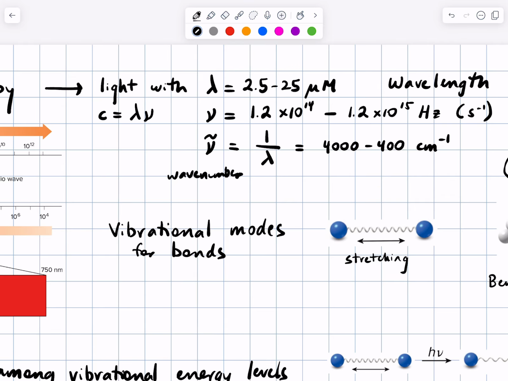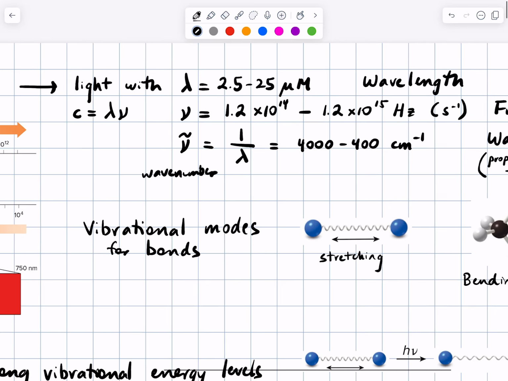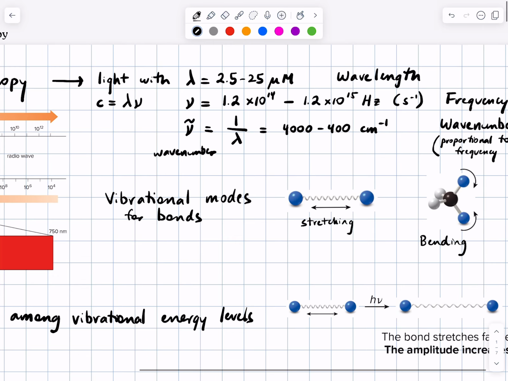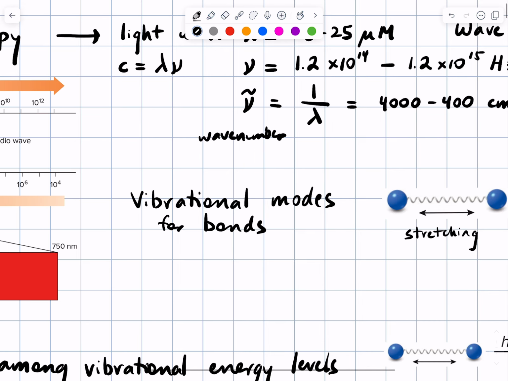and it's proportional to frequency. Frequency equals c divided by wavelength, and therefore the energy of a photon of light you could express in this form, or that could equal h times c times wave number.